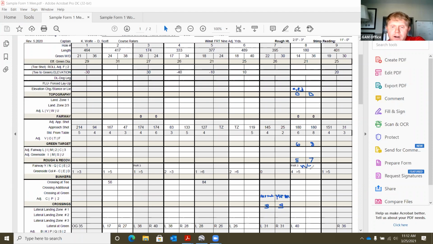So when we go to our bunker chart, let's do the scratch player first. So you got a starting value of 6. And then we're in column 4. So we go all the way over to column 4, which is the greater than 3/4 in your book. And that gets us to a 6. And then we have a greater than 5 depth.